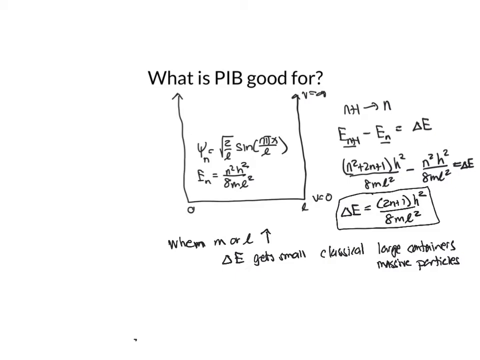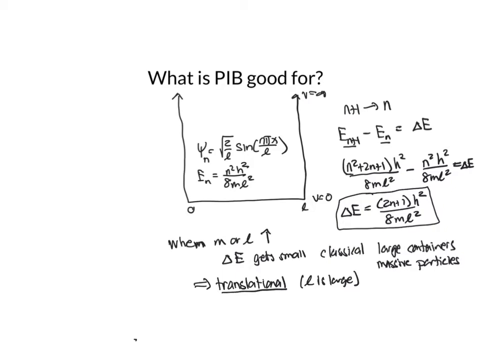So that's why we can use this for translational motion, because we're looking at translational motion within large containers. So our delta E is going to be small because L is large. Okay, so we can use this for translational motion, right?